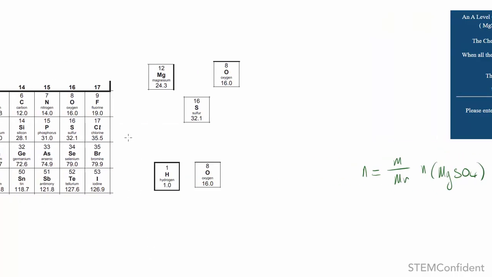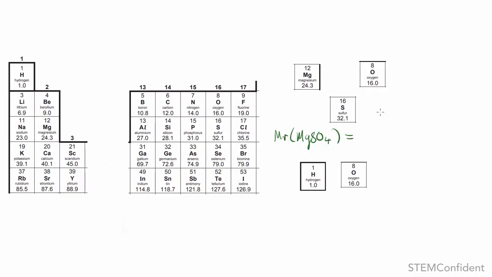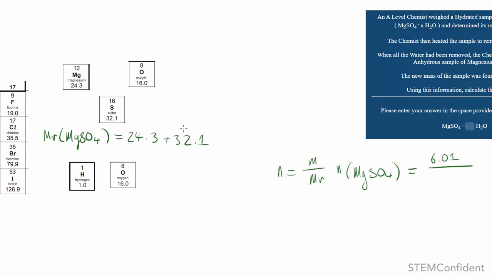So if I say Mr of MgSO₄, that's going to be 24.3, so we have that here as well, plus for sulfur 32.1, and plus for O4, 16 times 4.